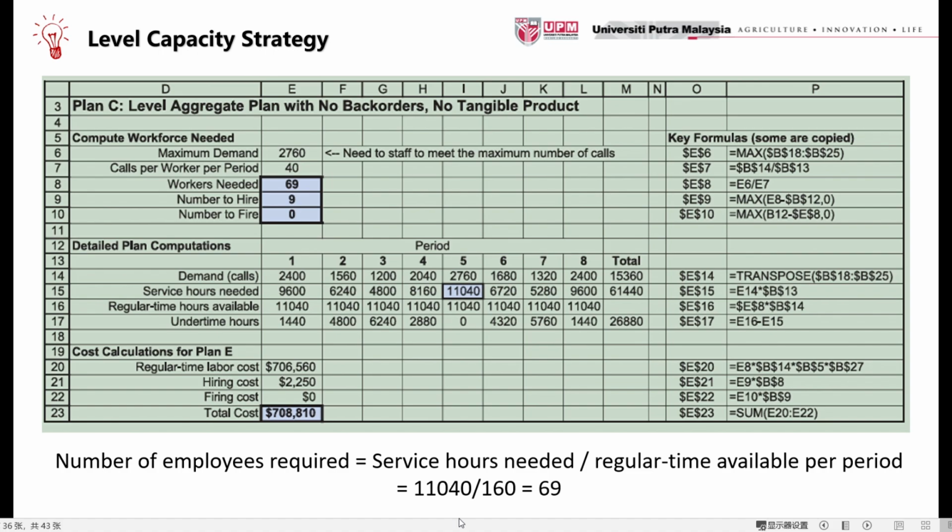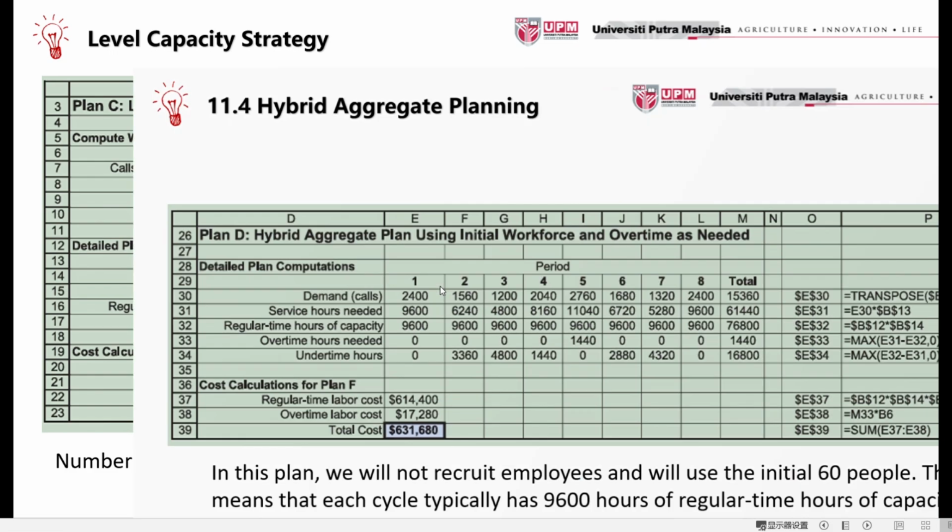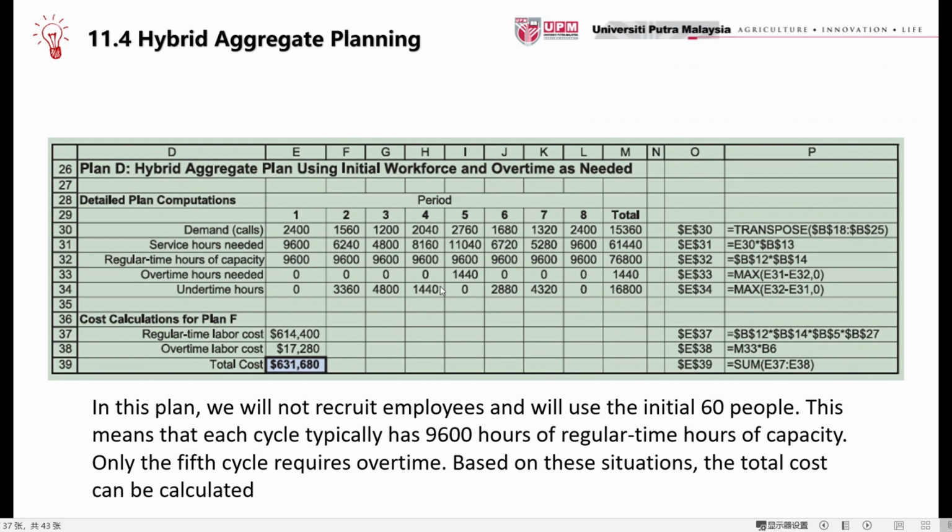After that, we can calculate the total cost to help us choose the best option. The hybrid aggregate plan needs the employees to do overtime work.